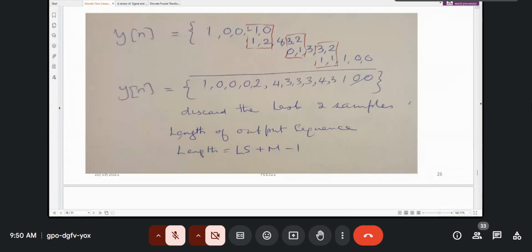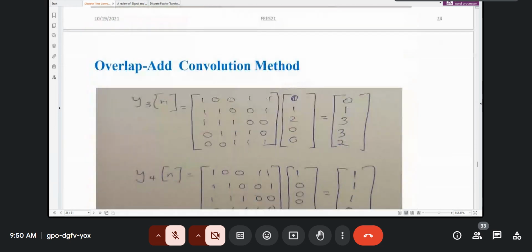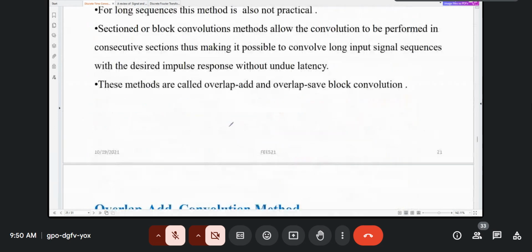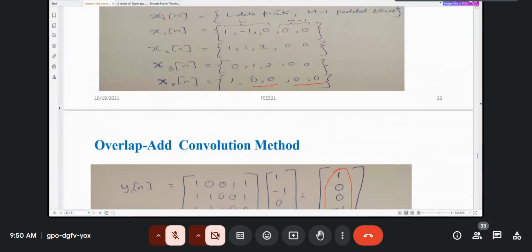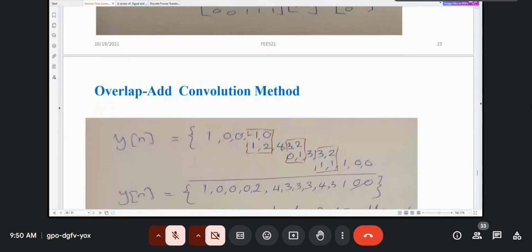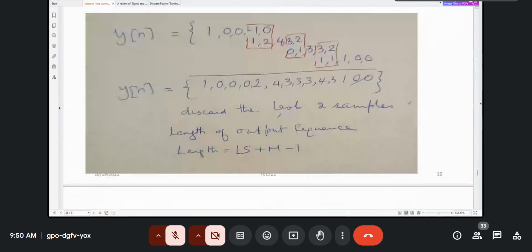Then we expect it to be 12 samples. These are 14 now, so you discard the last 2 samples, which are coming in because of the 2 zeros we added here. So we are discarding the last 2 samples, and we get the 12 samples: 1, 2, 3, 4, 5, 6, 7, 8, 9, 10, 11, 12.